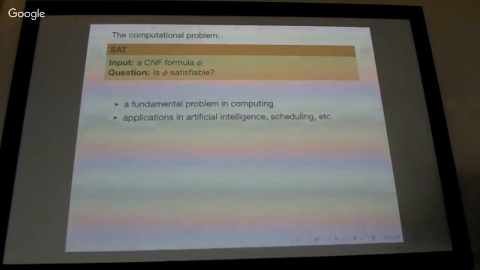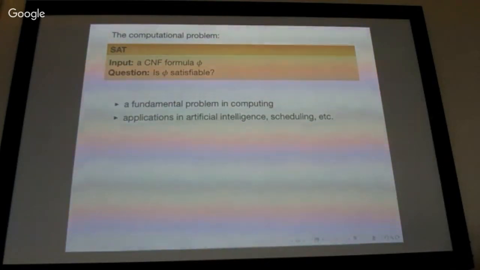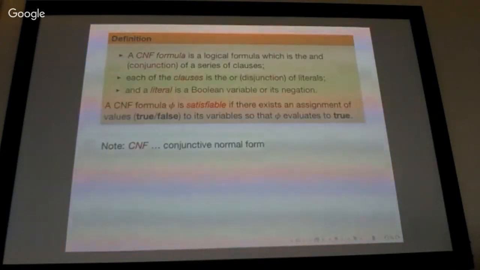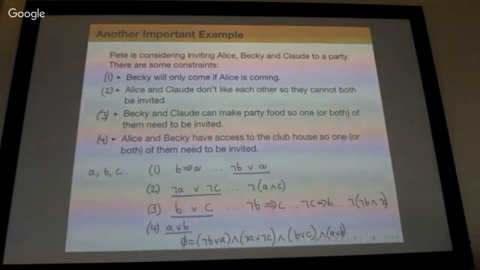So, as an example here, I've got this formula phi. Is this formula satisfiable? Can you find trues and falses for A's, B's, and C's?